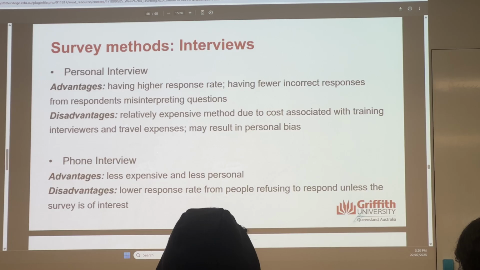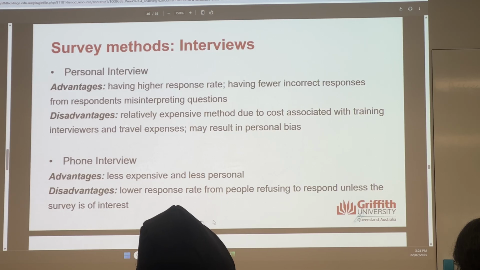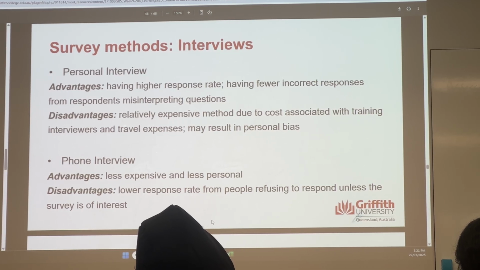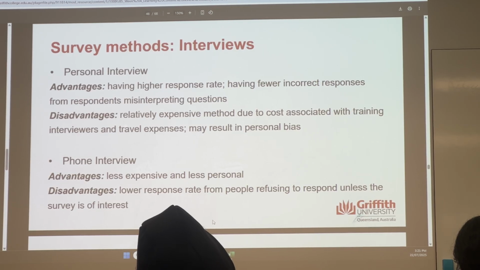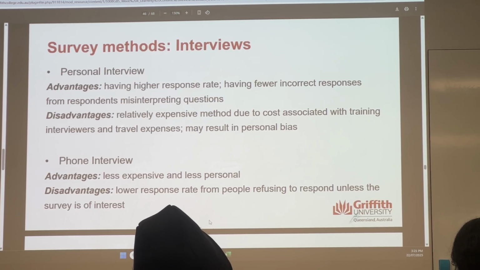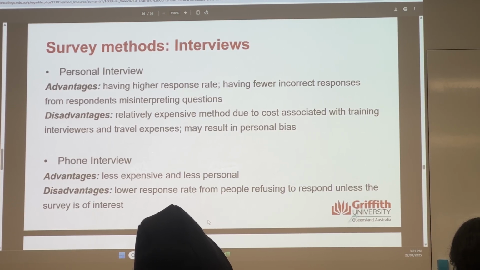Another cheap option is a phone interview. That means you can call someone rather than sitting with that person. Like personal interviews can be expensive. Suppose that you want to interview someone in New South Wales, someone in Darwin, someone in Western Australia.